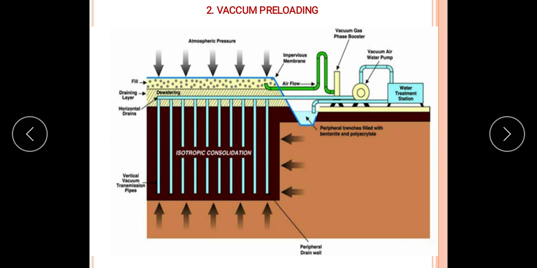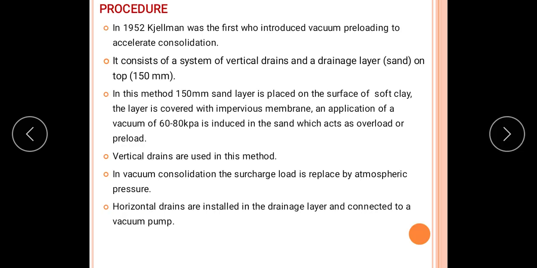Next we have the vacuum preloading technique. So the figure shows the vacuum preloading technique. In 1952, Tillman was the first to introduce vacuum preloading to accelerate consolidation. It consists of a system of vertical drains and a drainage layer of sand on the top, about 150 mm.